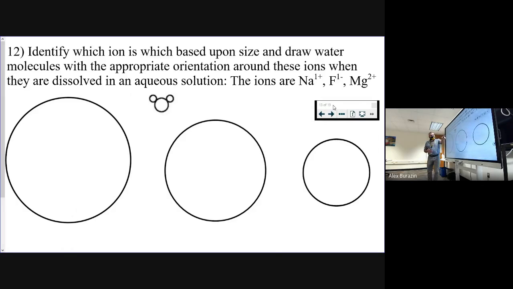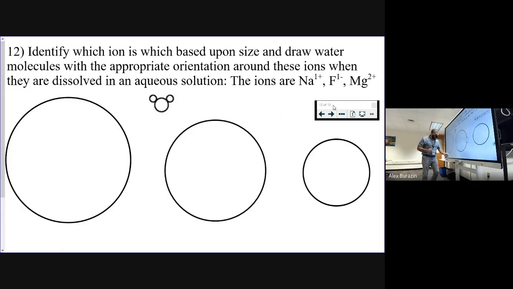So what's going to determine the size is the number of protons. If the electrons are the same in all three, we have to look at how many protons each has. The one with the most protons is going to be the smallest, right? Because there are more protons in the nucleus, essentially the attractive force draws in those outer electrons more tightly.